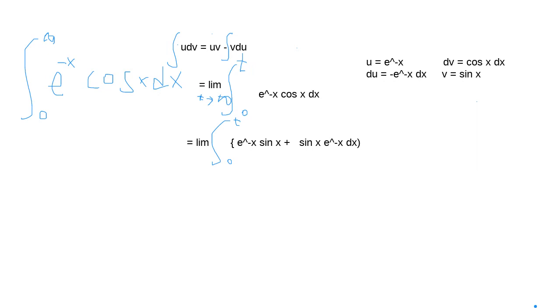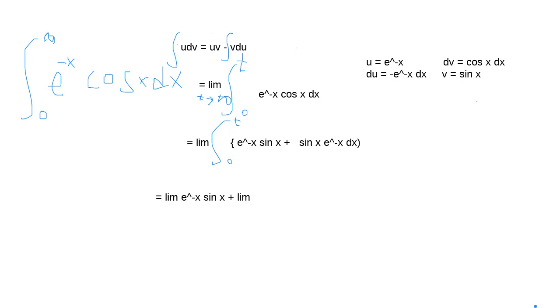Let me write an equal sign here. Let's just take a limit of e to the negative x sine x on the side. Now I'm going to do plus the limit of this second one.